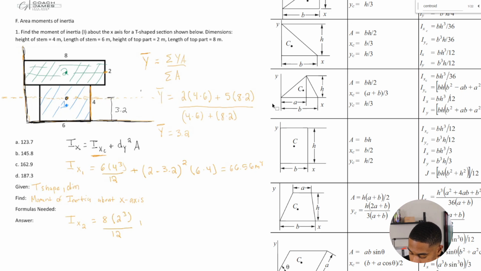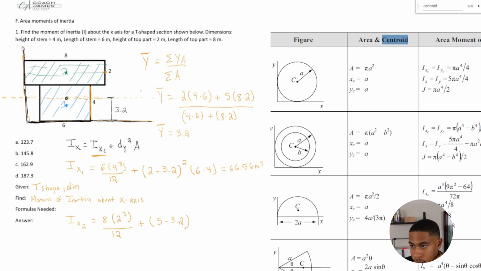What's the distance of the centroid, the y coordinate for the centroid of the second piece? So it's going to be your 4 plus 2 divided by 2, which is 5. 5 minus your 3.2. Right.